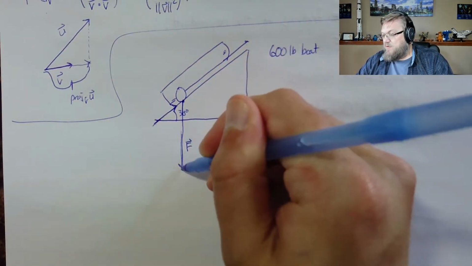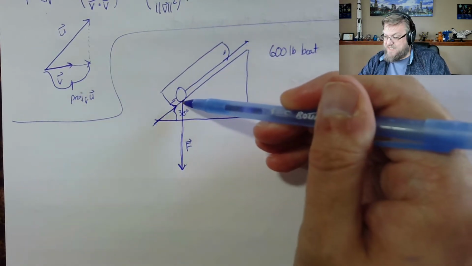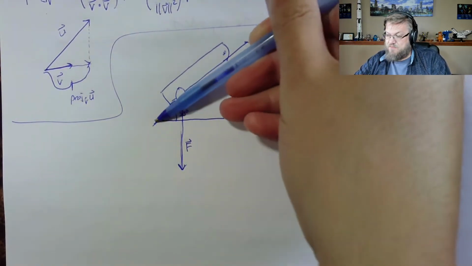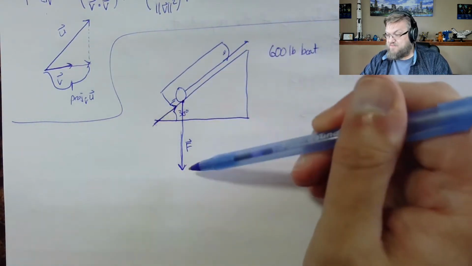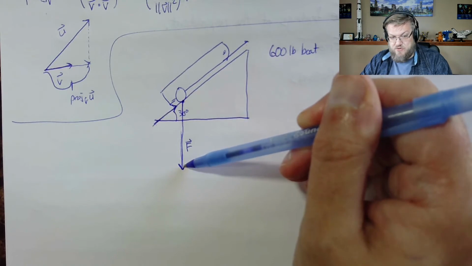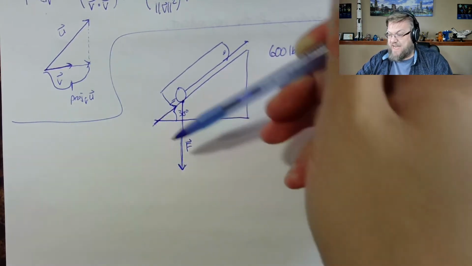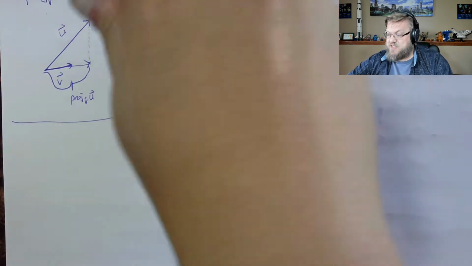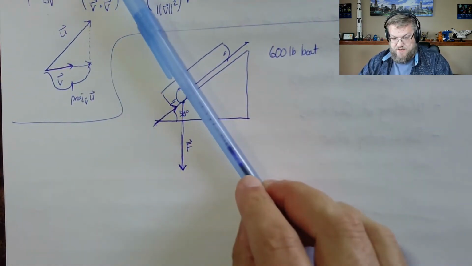But not all of the force is acting in the direction of the ramp. So I'm going to need to project this force onto the direction of the ramp to see how much of this weight is actually acting in this direction and how much is acting in the orthogonal direction, against the ramp.